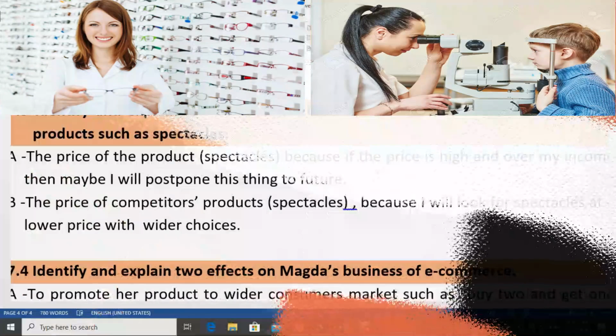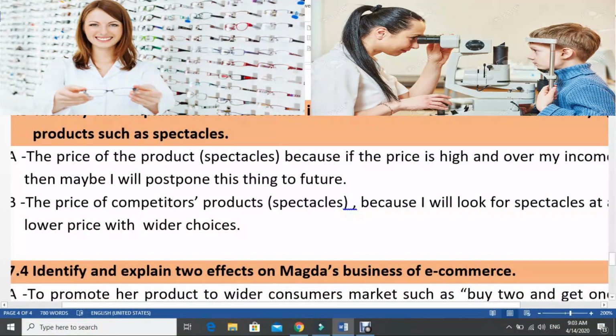The price of spectacles, because if the price is higher than my income, then maybe I will postpone this purchase to the future. The second one, the price of competitors' products, because I will look for spectacles at another competitor or another supplier with a lower price and wider choice.